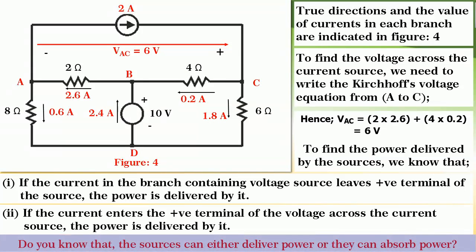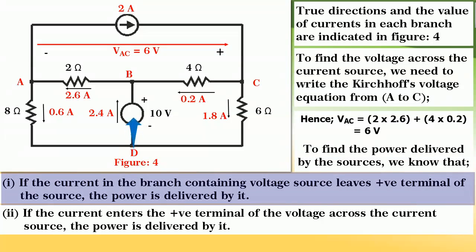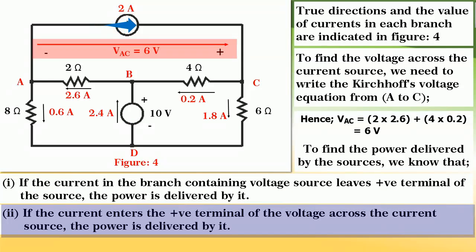Do you know that the sources either can deliver power or absorb power? To find the power delivered by the source, we know that if the current in the branch containing voltage source leaves the positive terminal of the source, the power is delivered by it. Similarly, if the current enters the positive terminal of the voltage across the current source, the power is delivered by it.